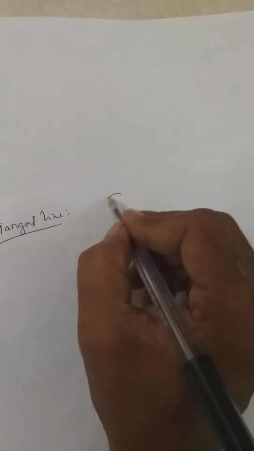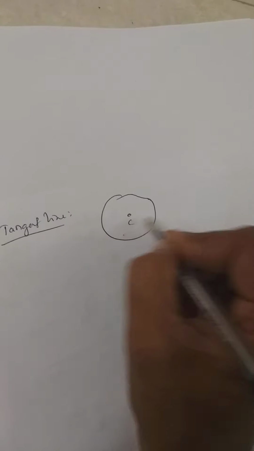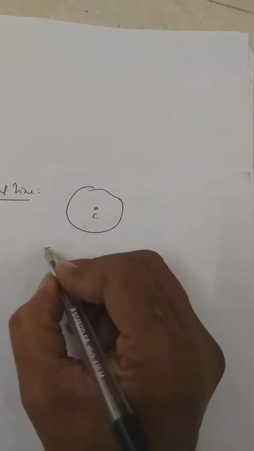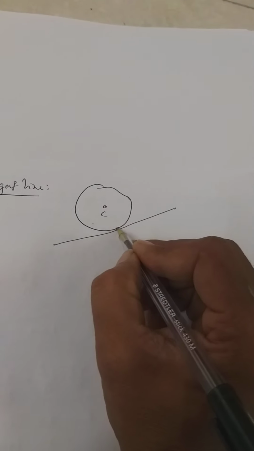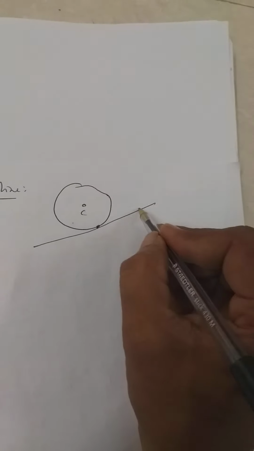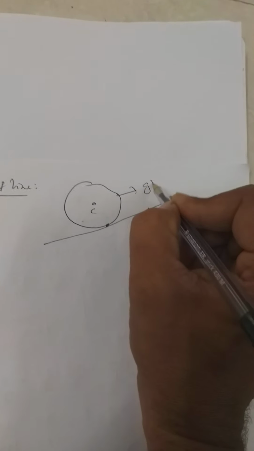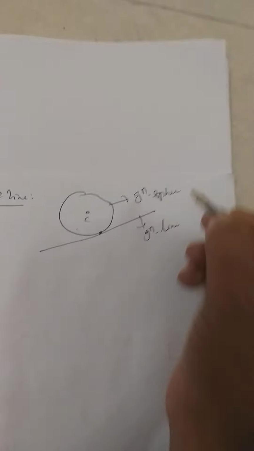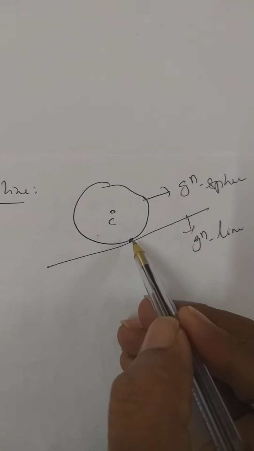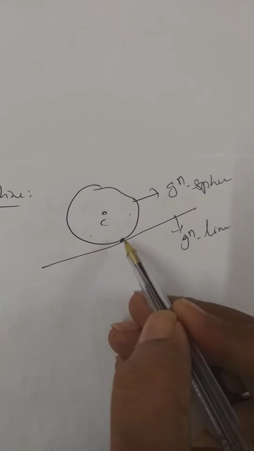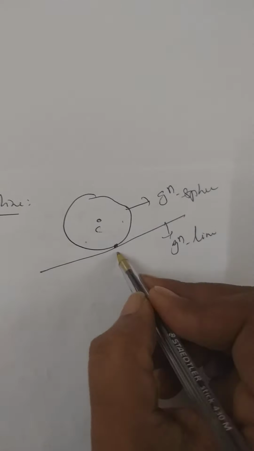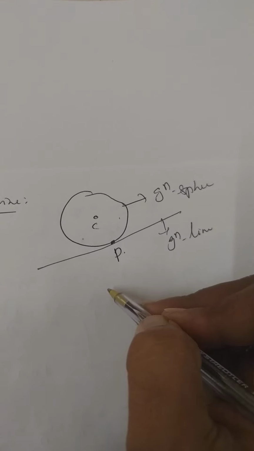Now, say this is a sphere whose center is C. Now, assume that this line touches the sphere. This is the given line and this is the given sphere. Now, the point of intersection of the line and the sphere is a unique point. Let the point be P here.